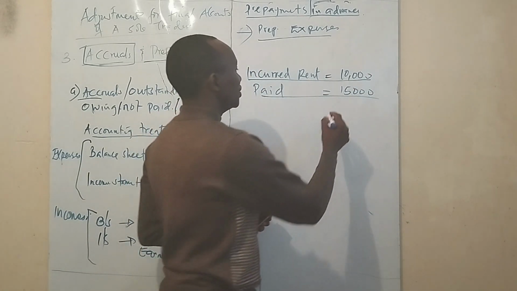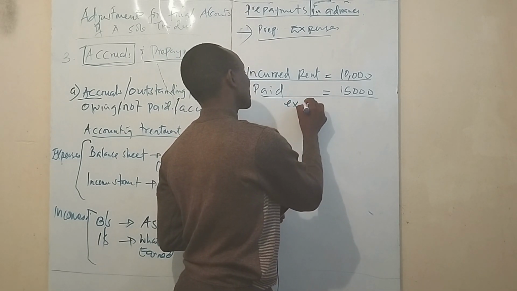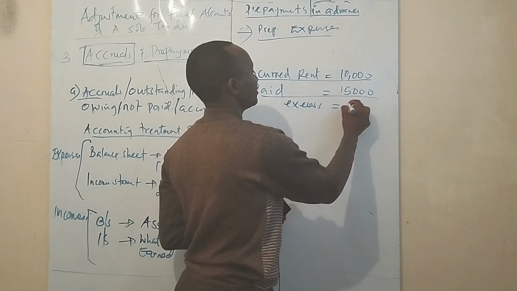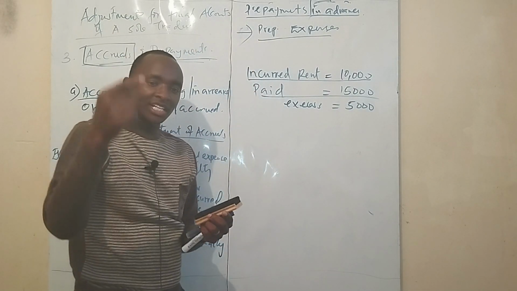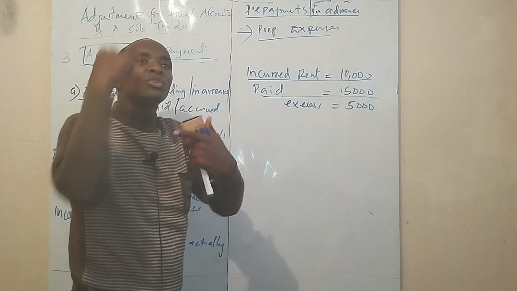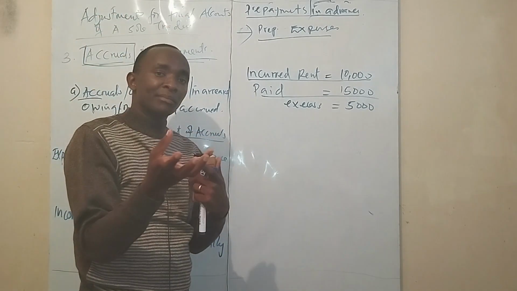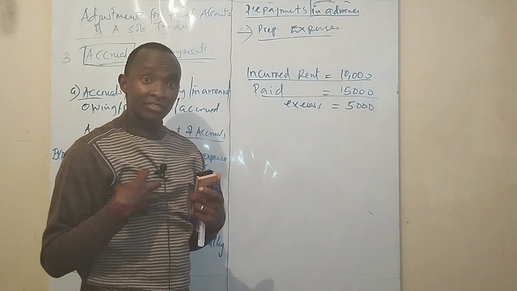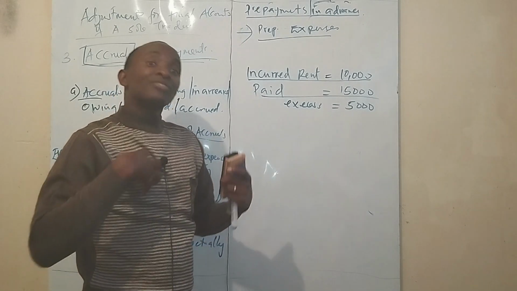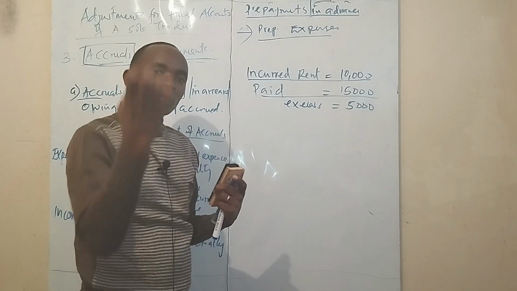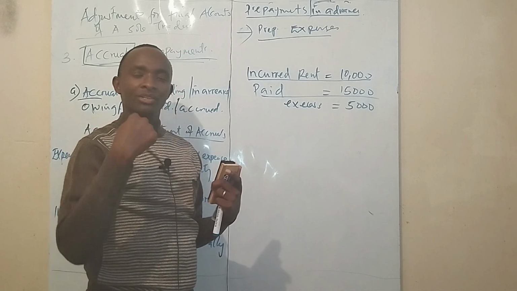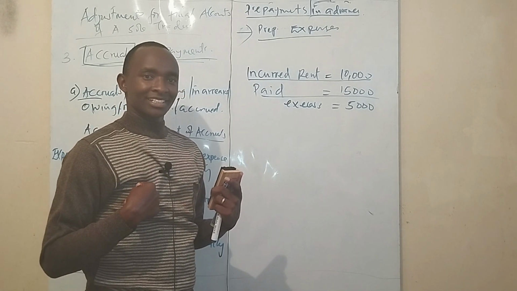So what does it mean? You paid in advance, you paid in excess 5,000. That 5,000 that you paid in excess is your money. You can go back and tell that person you paid the money to, please bring back my 5,000. That my 5,000 is what? Is an asset, sindio? That 5,000 ni kitu yangu. Kitu yangu is an asset.